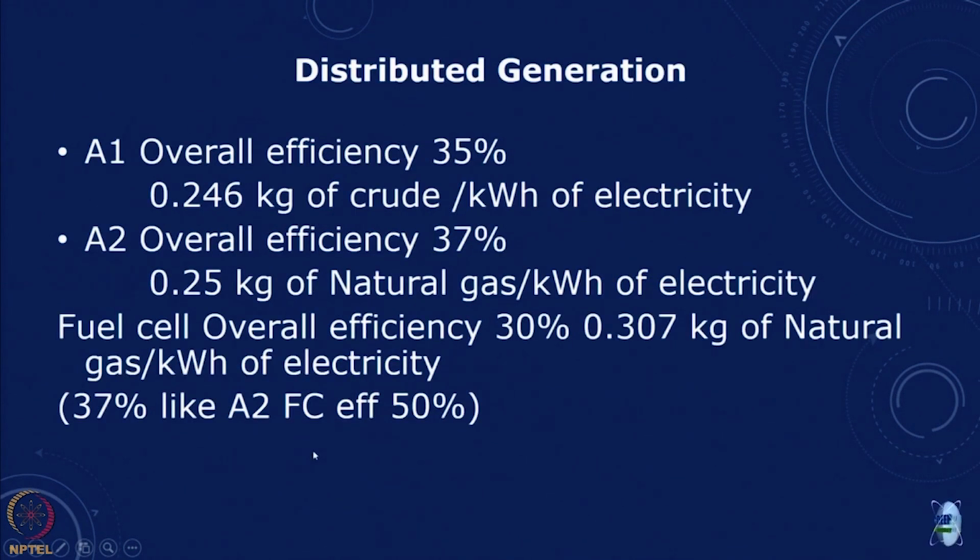When we look at the distributed generation, you can do these numbers now, convert them into primary energy, and you find that in the overall case for the A1, which is based on oil, we are getting about 0.25 kgs of crude per kilowatt hour, similar kinds of things for natural gas.